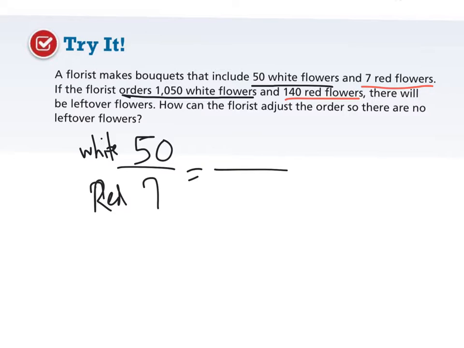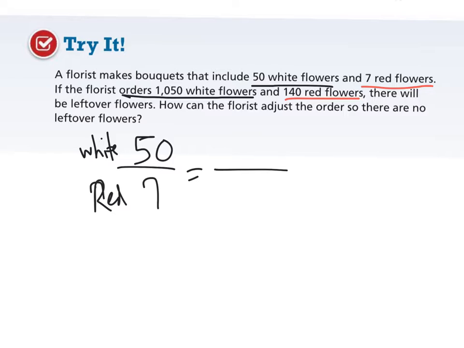So if you think about trying to find a pattern, for the white roses going from 50 to 1050, what do we multiply to go from 50 to 1050? Might not be real easy to come up with that. For the red, might be a little bit easier going from 7 to 140.